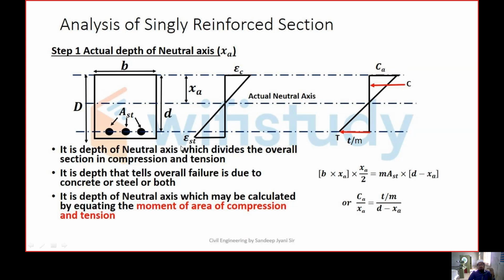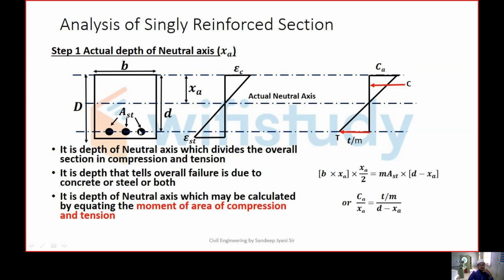So below the neutral axis also we have to formulate in concrete terms only. That's why we have taken it in terms of concrete. So AC becomes M AST, and it is multiplied by the depth, which becomes D minus XA.